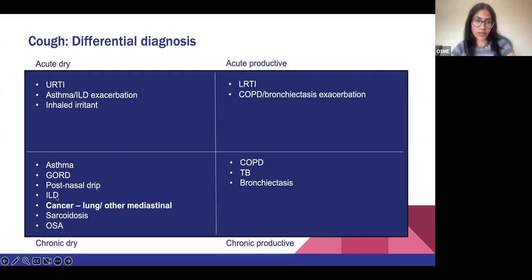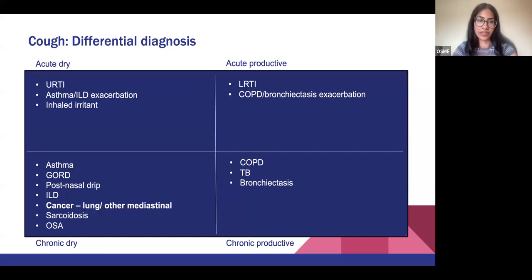For chronic dry, the most important one to rule out is cancer, not just lung cancer, other mediastinal cancers. These can also present with shortness of breath, so any mediastinal mass, so things like Hodgkin's lymphoma, any sort of thyroid mass, thymoma, all of those can present with shortness of breath or cough.